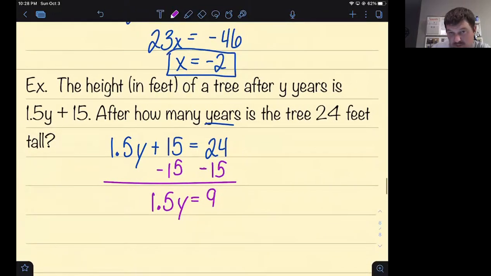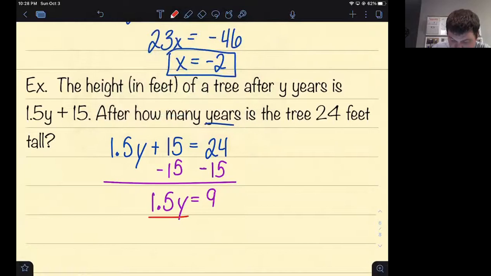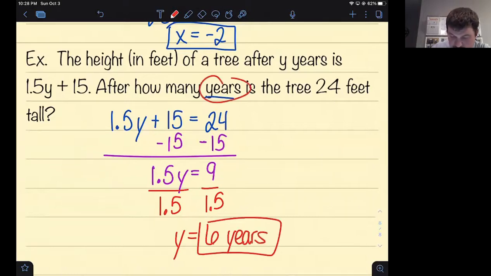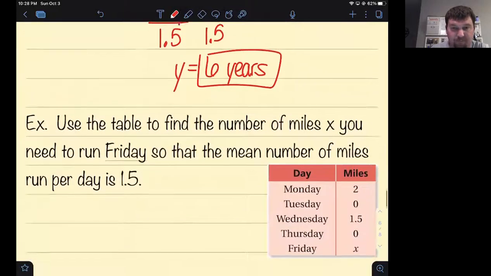And if it grows 1.5 feet per year, divide by 1.5 to see how many 1.5s go into 9. And you'll find out that it goes in 6 times, so it'll take 6 years. Don't forget to label your answer on a story problem. We were talking about years, so it'll take 6 years for that tree to grow to 24 feet tall because it's already 15 feet tall.